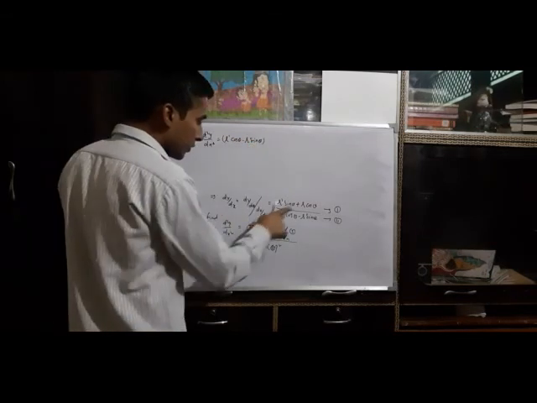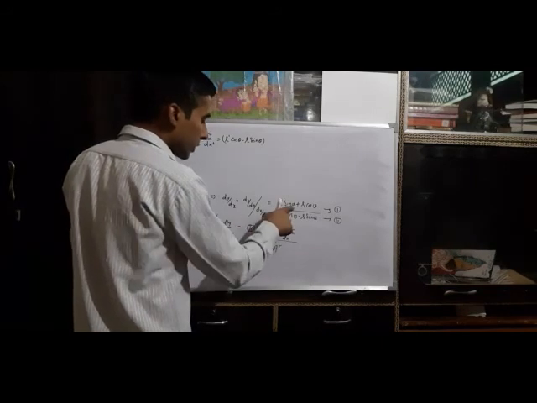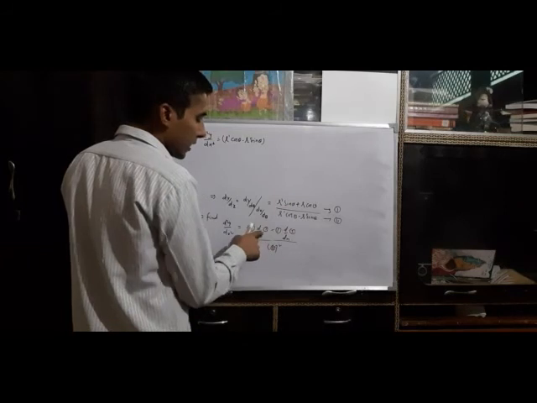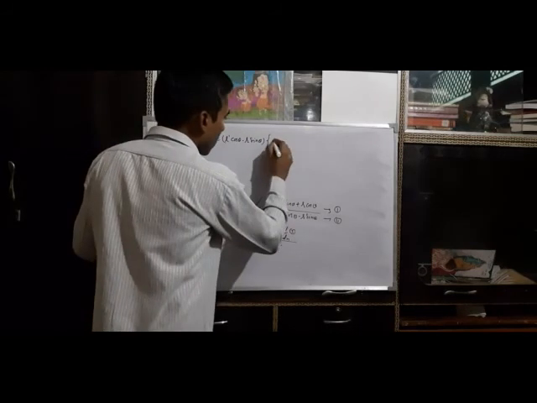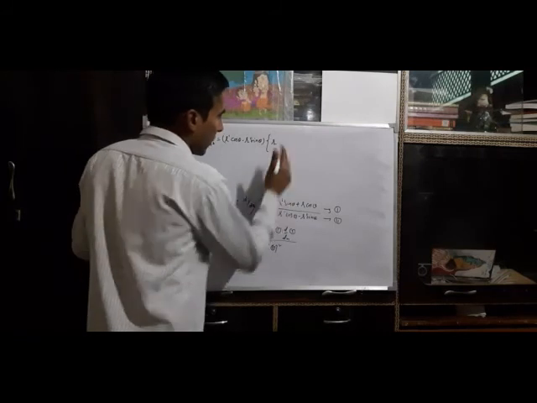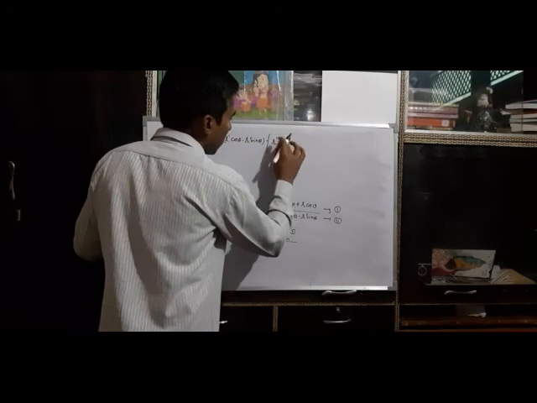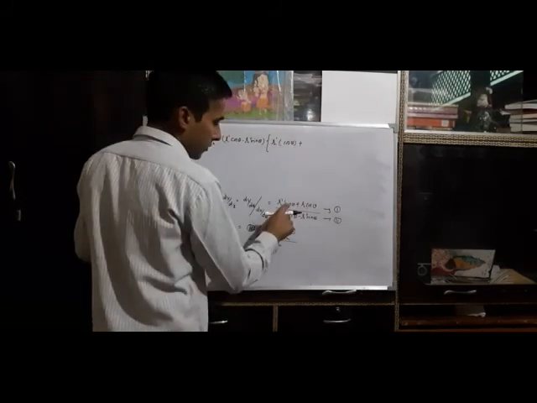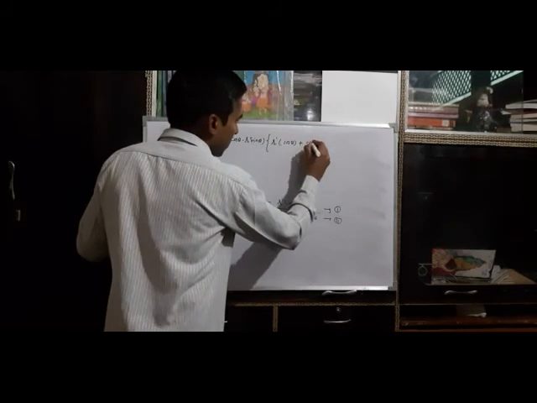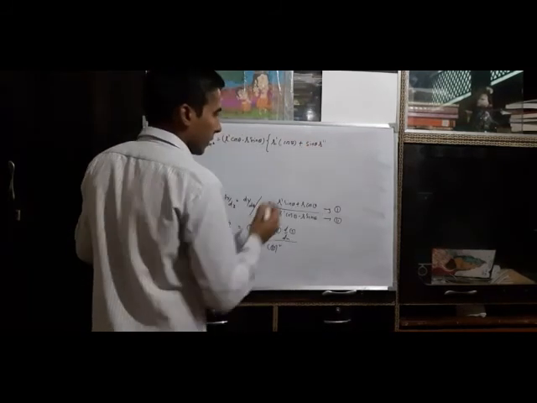Now the derivative of this function with respect to x: we first differentiate it with respect to theta and then take the derivative of theta with respect to x. So it will be the first function as it is, derivative of second is cos theta, plus the second function as it is, and the derivative of the first is r double prime.